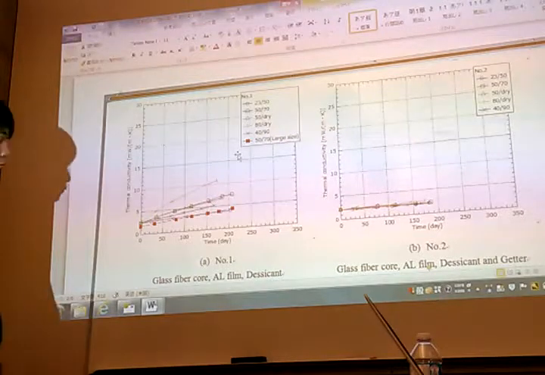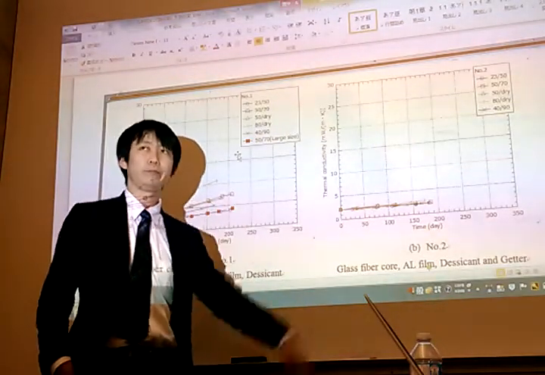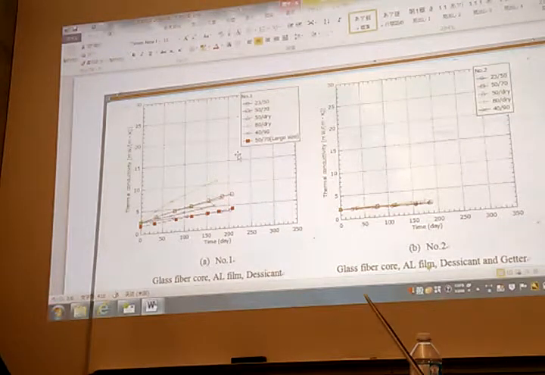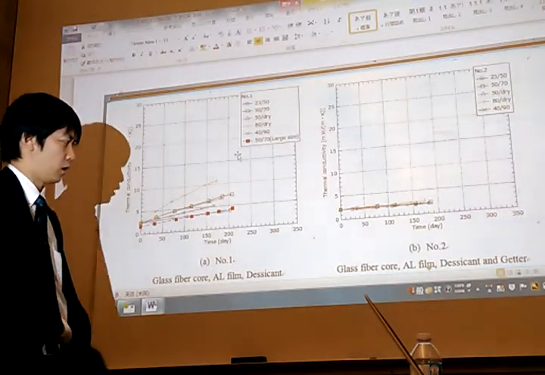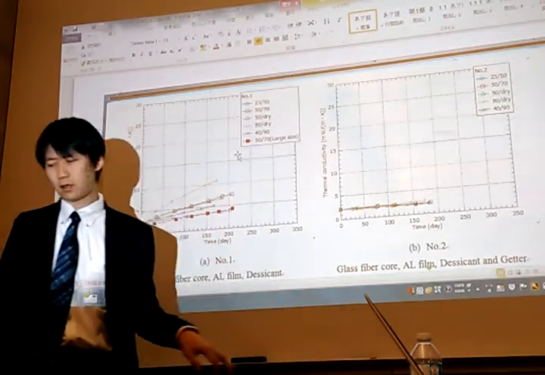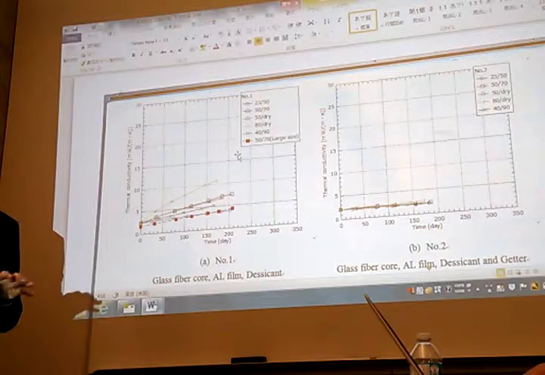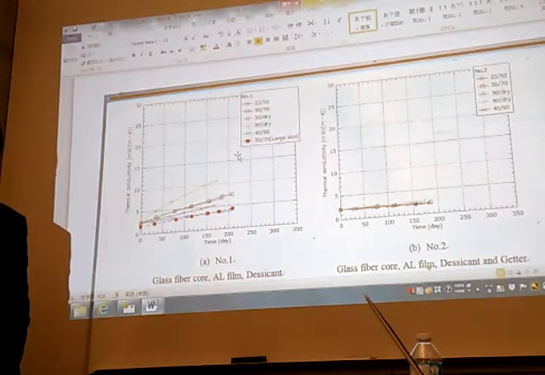Those values on number 2, are they consistently slowly increasing, or do they just go randomly, experimentally? Continuously, slightly increase. Yeah, because the getter can also absorb more molecules.